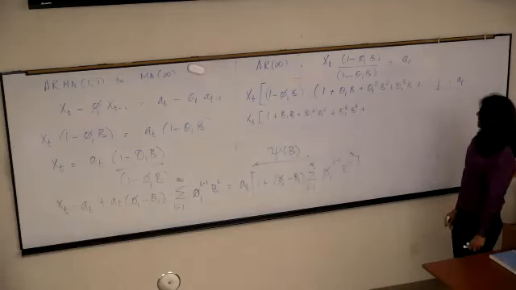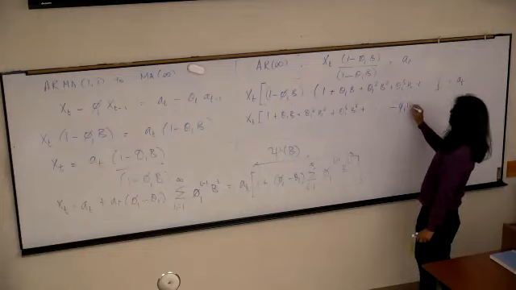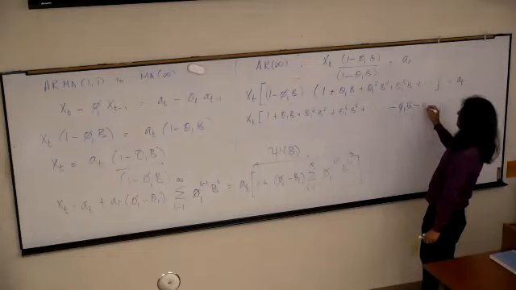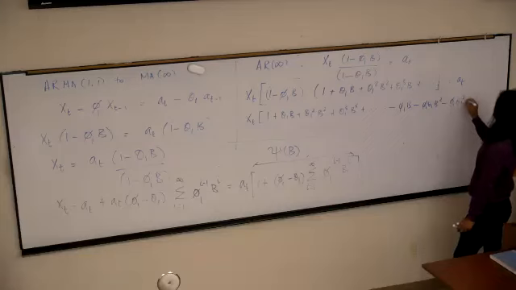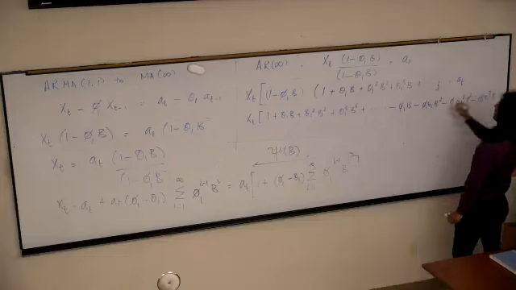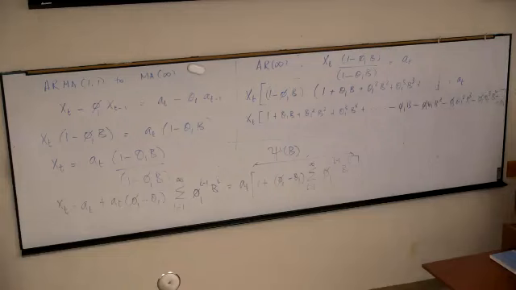The other part, I'll just write it here: minus phi1 B minus phi1 theta1 B squared minus phi1 theta1 squared B cubed minus phi1 theta1 cubed B raised to 4, equals A t.